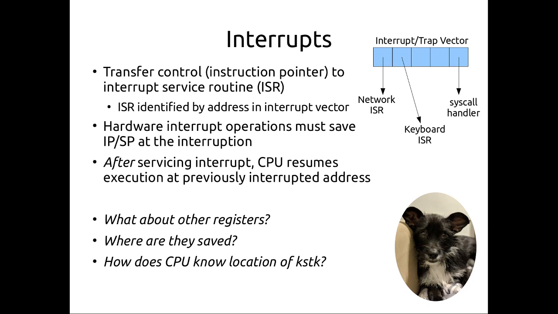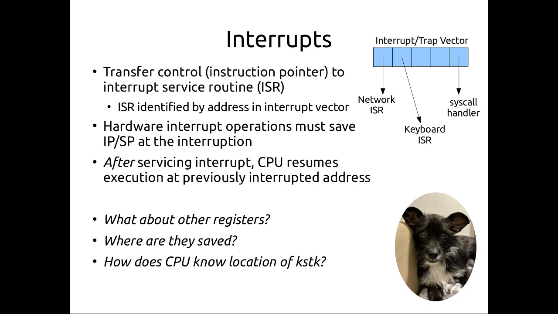And how this is typically implemented is that every piece of hardware defines a memory-based data structure that is the interrupt or trap vector. That includes a number of entries for the number of interrupts that are on the system. And often it might have an entry, for instance, for the system call handler as well.